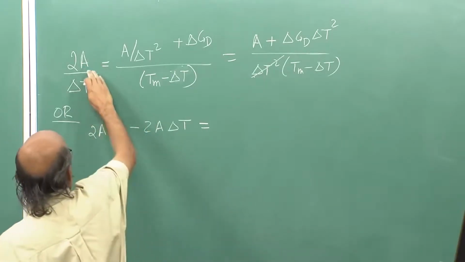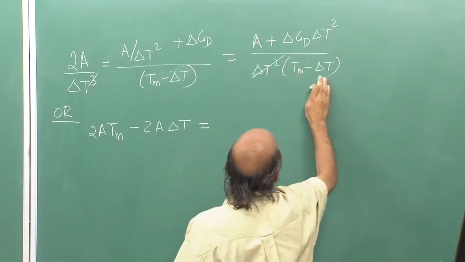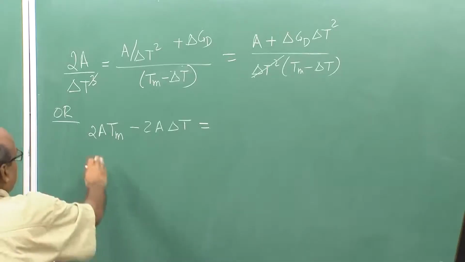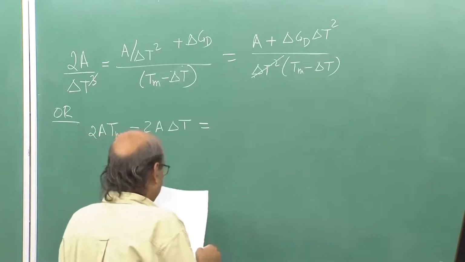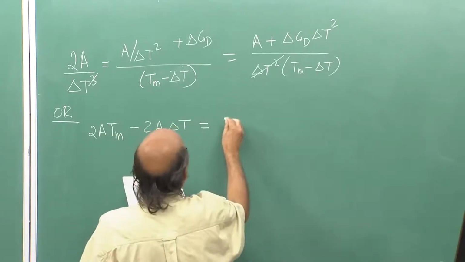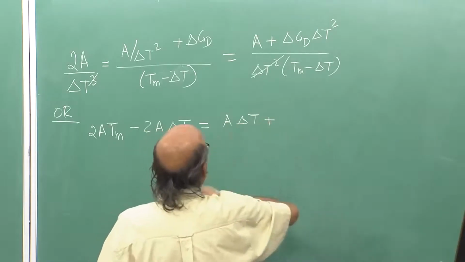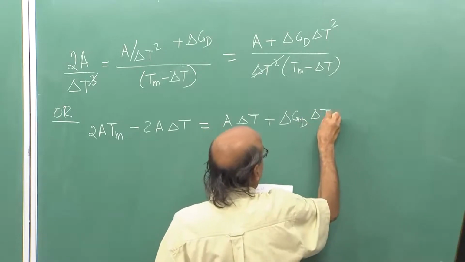So, here it becomes 2A upon delta T is equal to (A plus delta GD delta T square) upon (Tm minus delta T). And now I am rearranging. So, I will get 2A Tm minus 2A delta T equal to A delta T plus delta GD delta T cube.